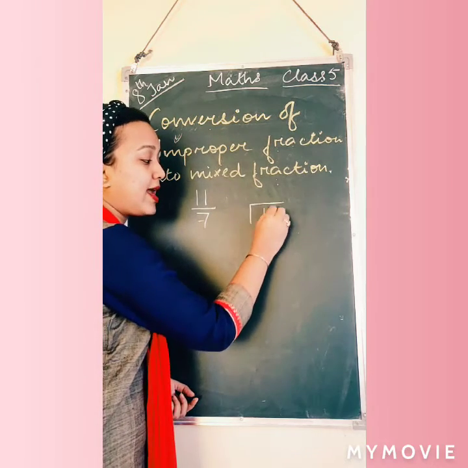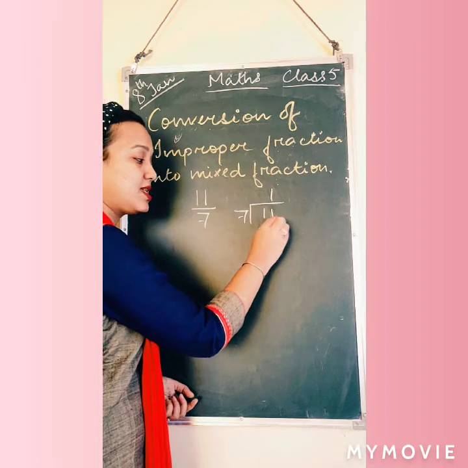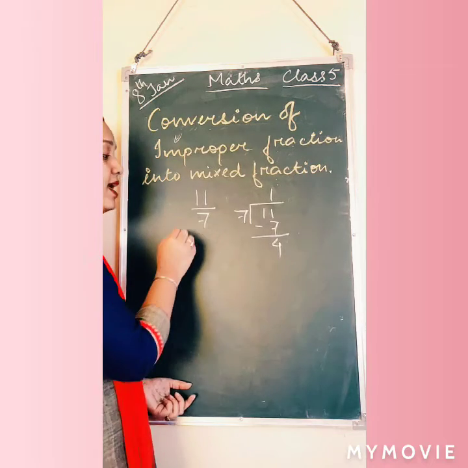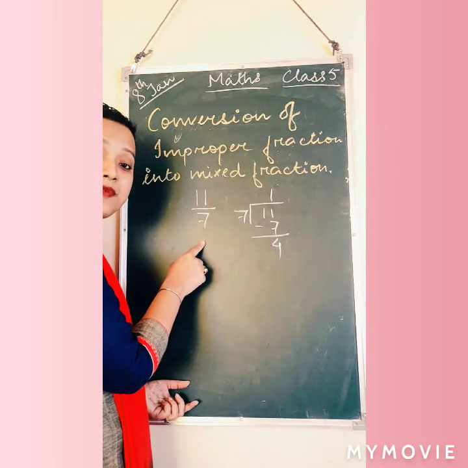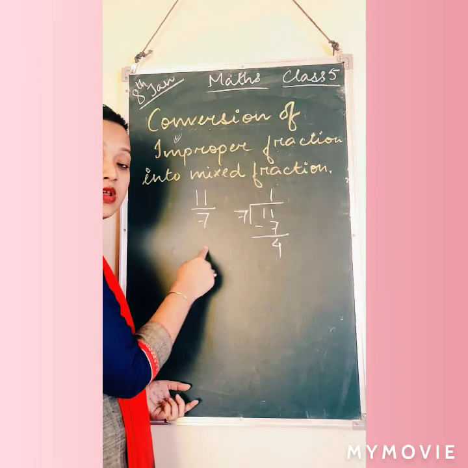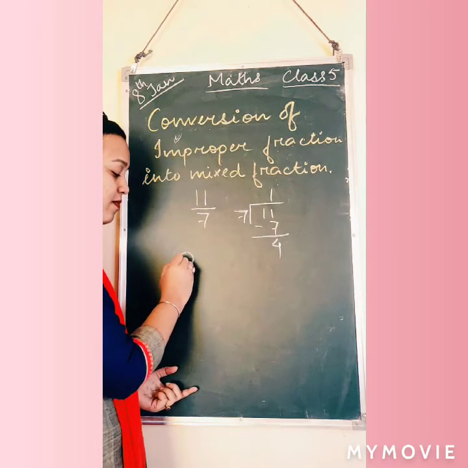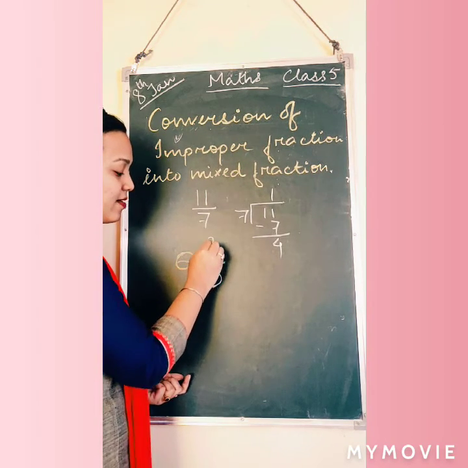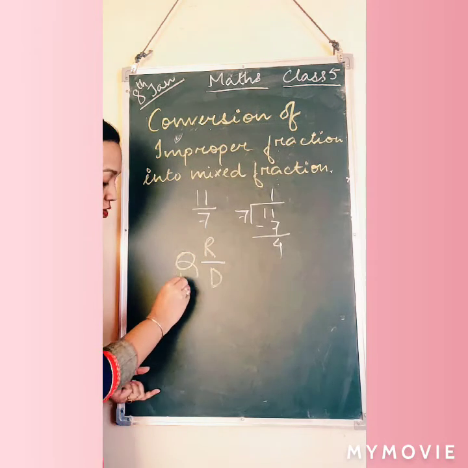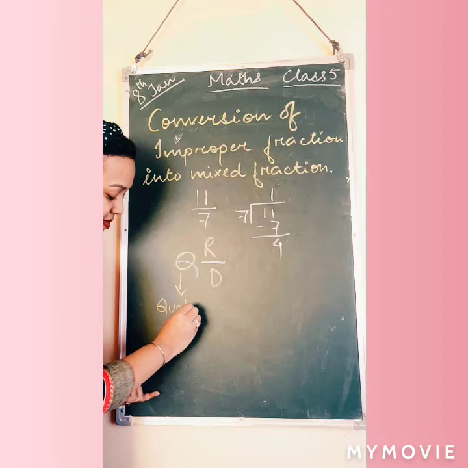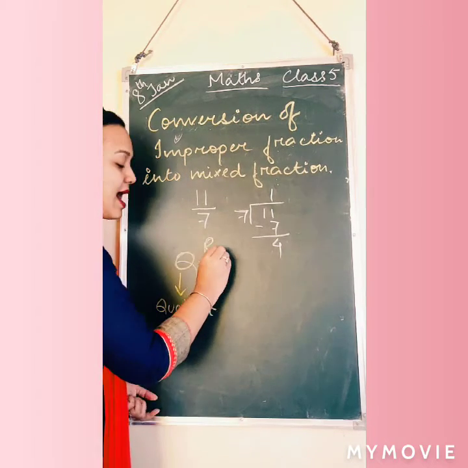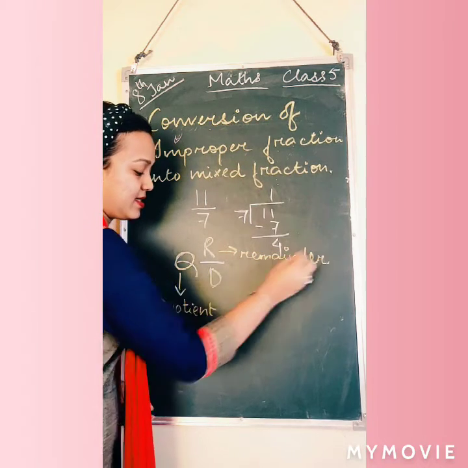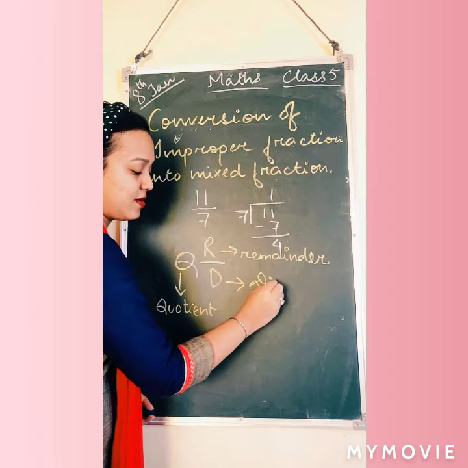Now I divide 11 by 7. 7 ones are 7, 11 minus 7 gives you 4. If we have to represent this improper fraction as a mixed fraction, we always represent it in the form Q R by D. Q is the quotient, R is the remainder and D is the divisor.